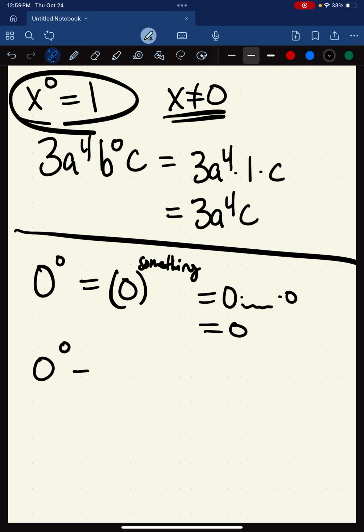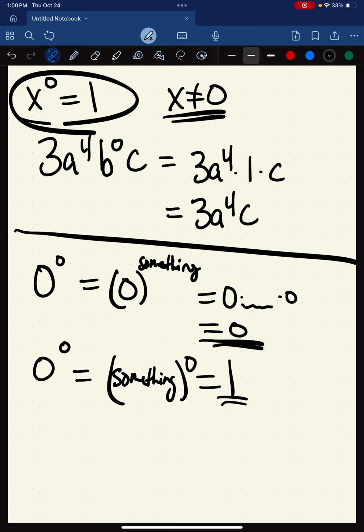On the other hand, we have 0 to the power of 0 being something to the power of 0, which should always be 1. And 0 is not equal to 1, so there's no consistent way of defining it. So, always, we just say no to 0 to the power of 0.